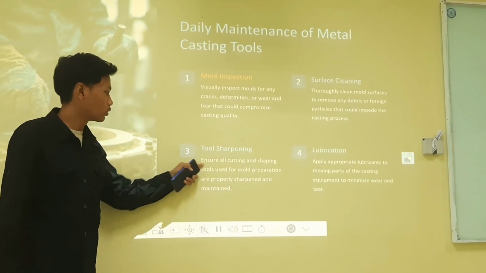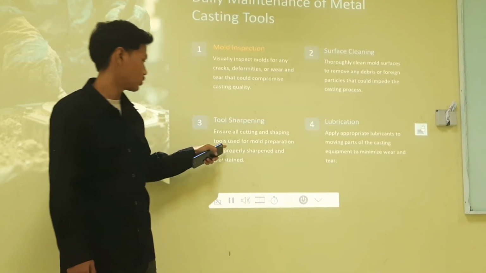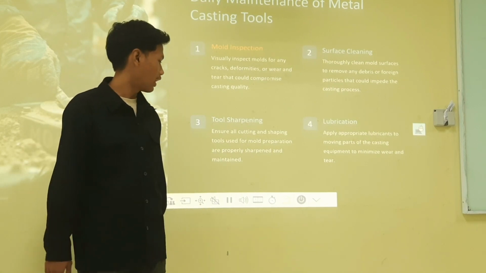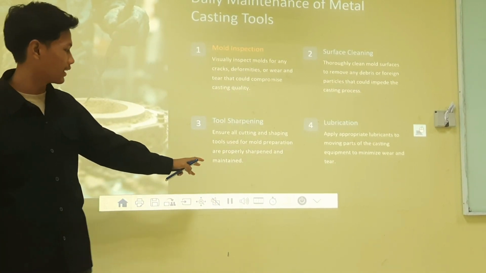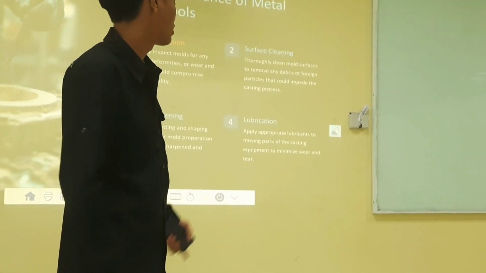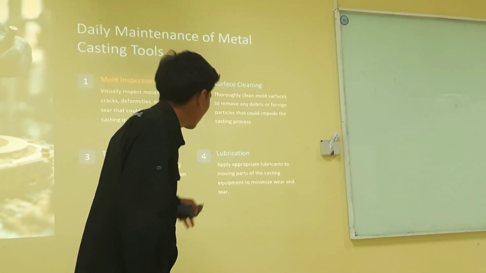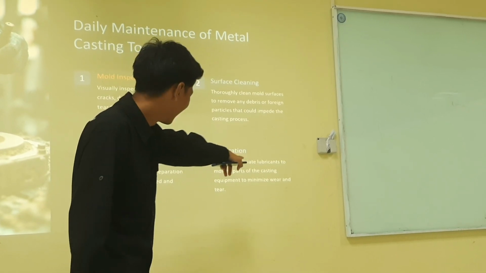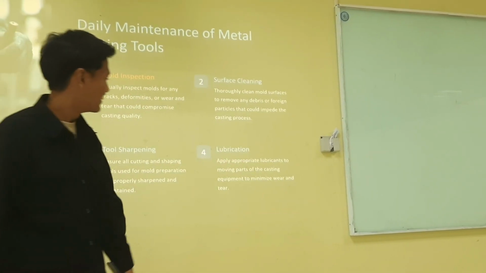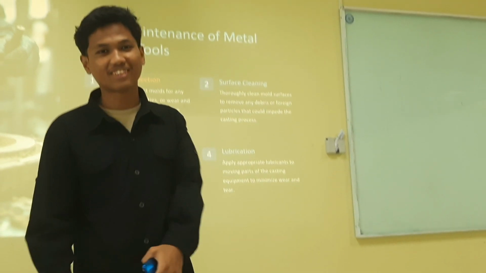And the third, tool sharpening. Ensure all cutting and shaping tools used for mold preparation are properly sharpened and maintained. And fourth, lubrication. Apply appropriate lubricants to moving parts of the casting equipment to minimize wear and tear. Next slide.